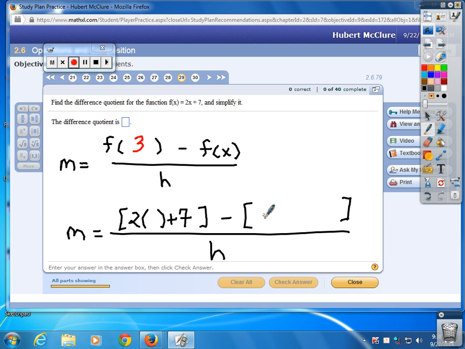And here, I would put 2x plus 7. Now, what would I put right here? I would put the 3 in right there. And then I would go on about my business and do 2 times 3 is 6, plus 7 is 13. And then 13 minus 2x plus 7. 13 plus 7 is what? 20 minus 2x over h, and I'm done.